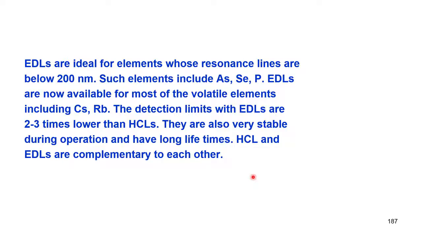So if you use an EDL, what are the detection limits? How do you compare the detection limit of EDL with anything else? The only reason is to compare the sensitivity, that is the lowest quantity of determination of the element, with other radiation sources. So what are the other radiation sources?